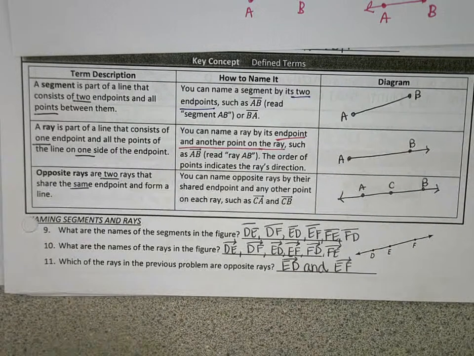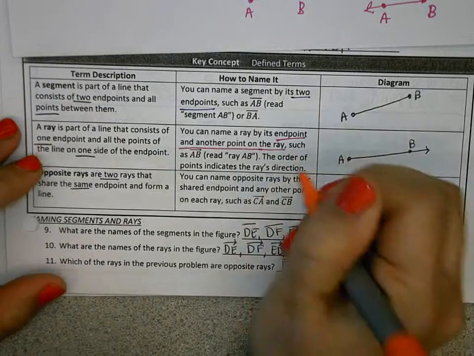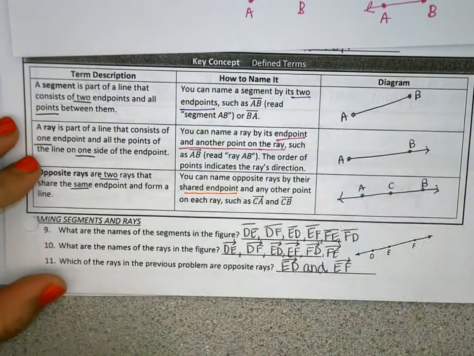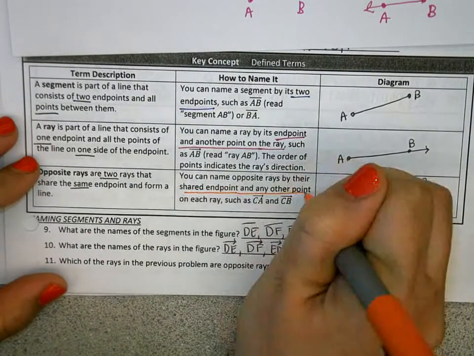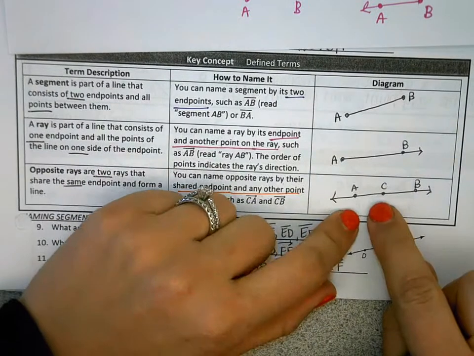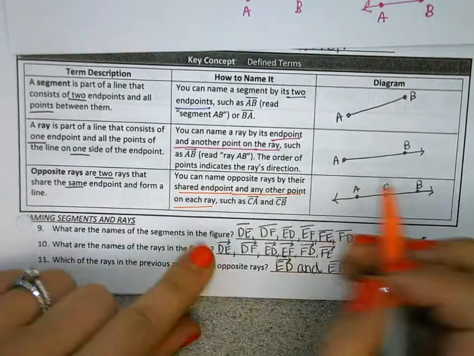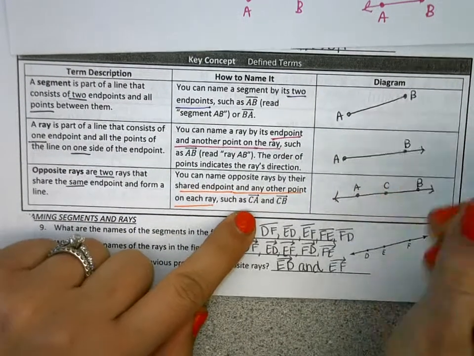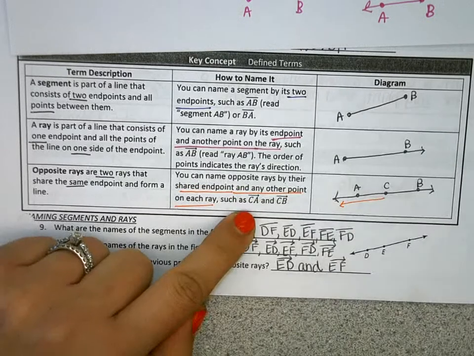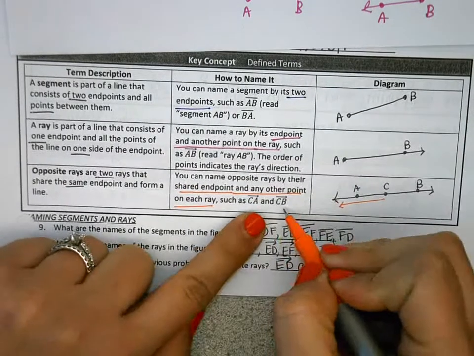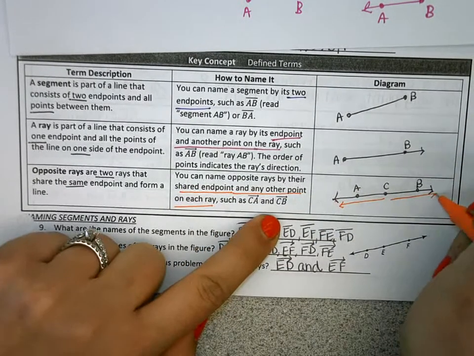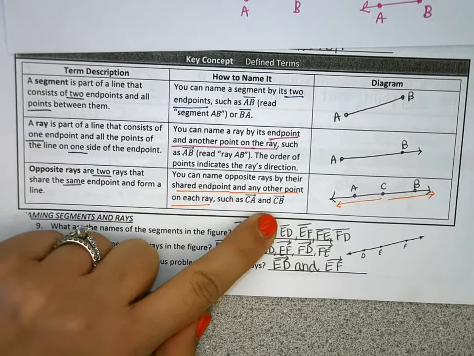You can name opposite rays by their shared endpoint and any other point on each ray. So in this picture, we have ray CA, one ray going in this direction, and its opposite ray is ray CB, going in the other direction. Okay, so those are the two opposites.